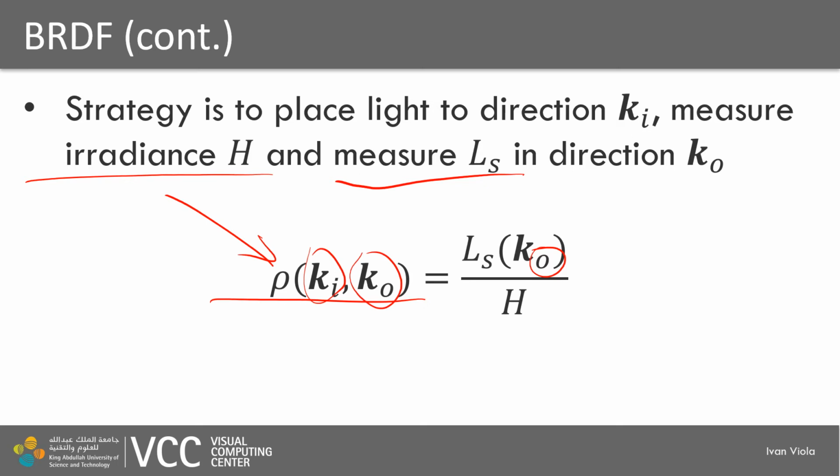If we parameterize it through spherical coordinates, then each of these vectors has two values, theta and phi, and therefore this is a four-dimensional function going from R4 to R. And in case we are dealing with a so-called anisotropic material, whose rotation also affects the behavior of the BRDF, the probability of reflecting in a certain direction, then this will be a function from R5 to R.